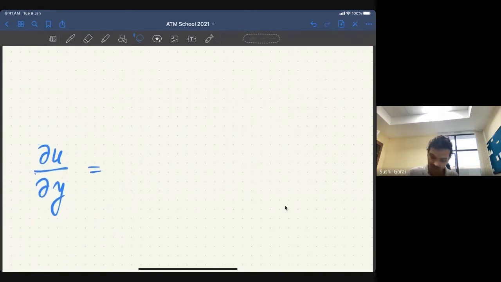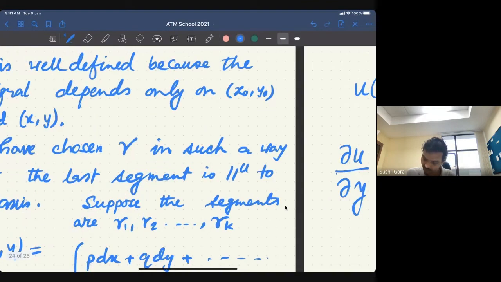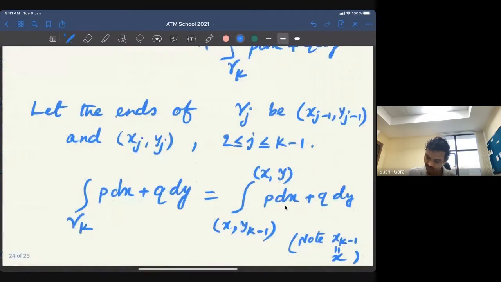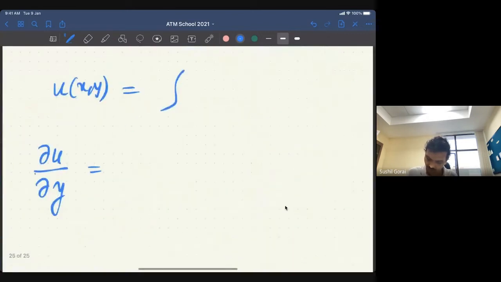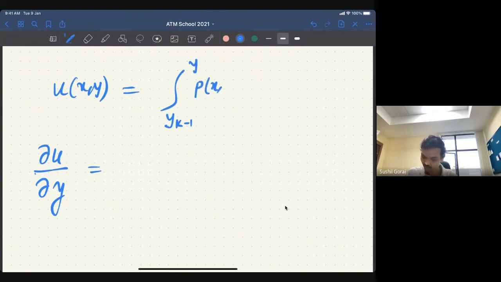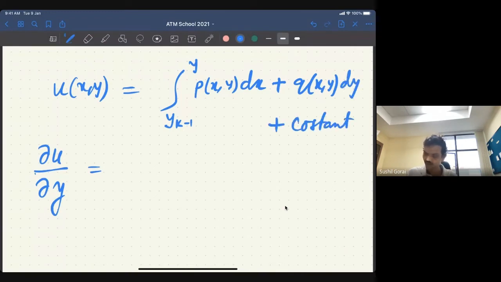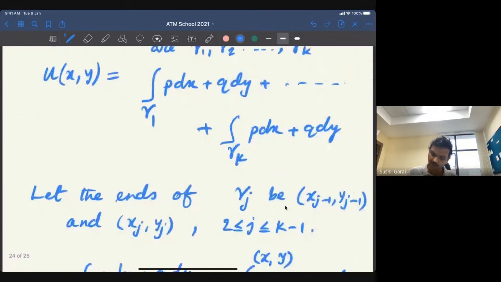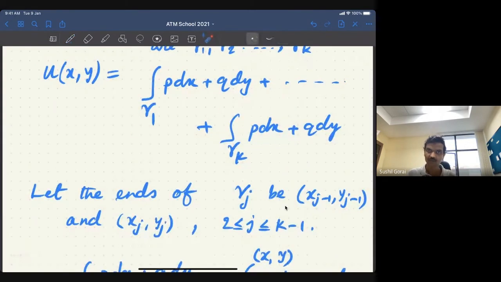Which means this u(x,y) is the last integral, which was the integral from (x_k-1, y_k-1) to (x,y) of p(x,y) dx plus q(x,y) dy plus constant. So this constant comes from each of the integrals here. All right.